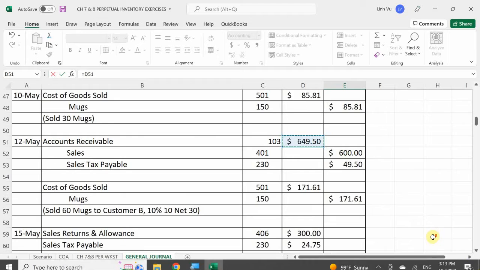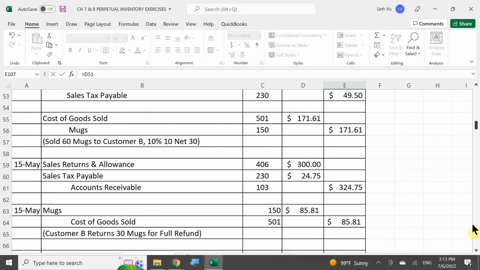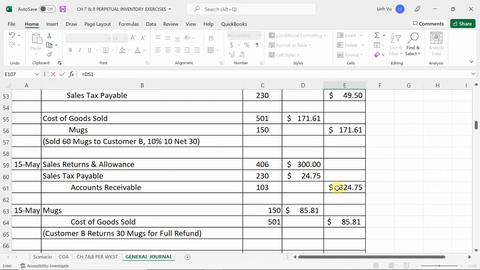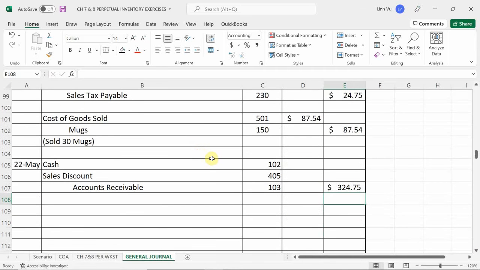However, on the 15th, they returned 30 mugs for a refund of $324.75.